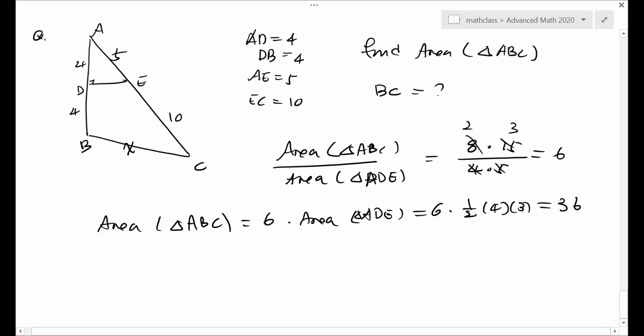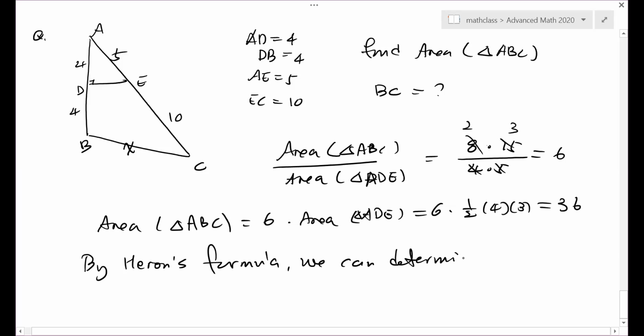How do you solve this problem? By Heron's formula, we can determine an equation for X.